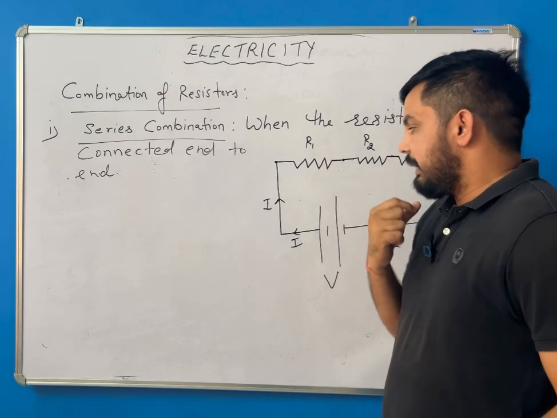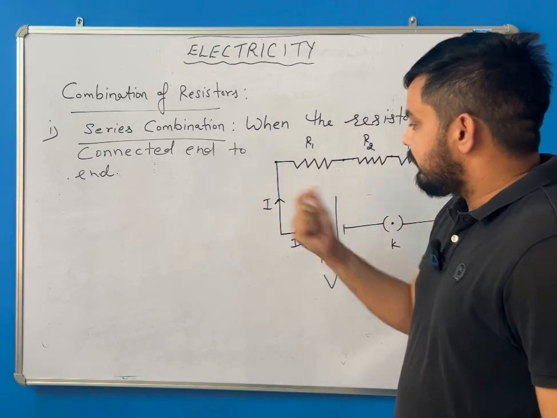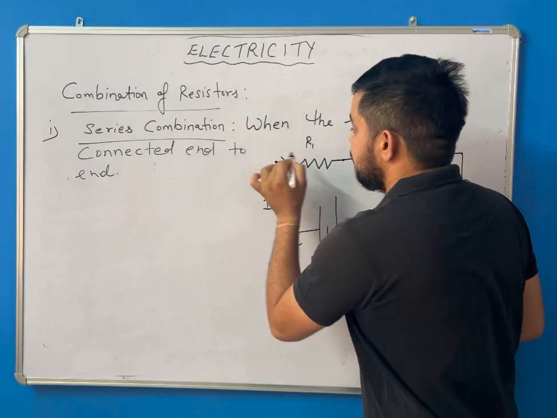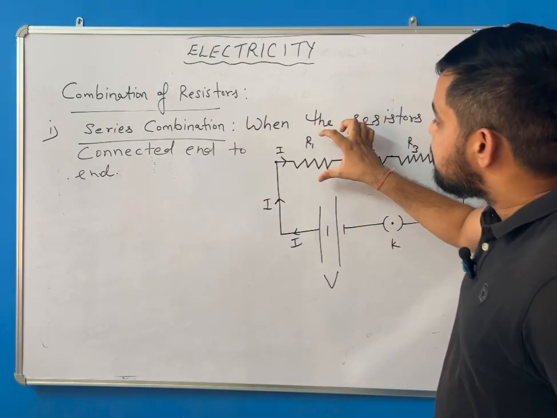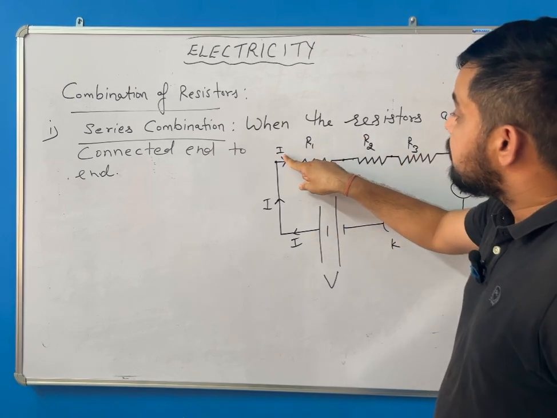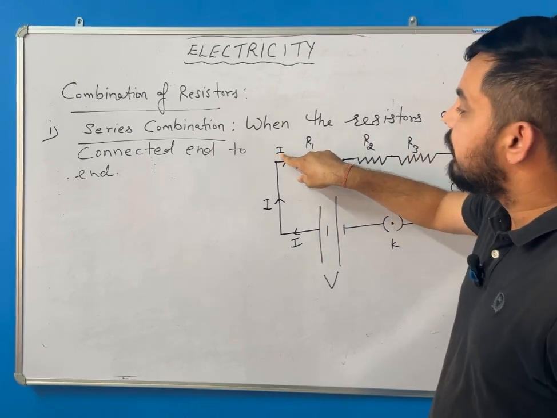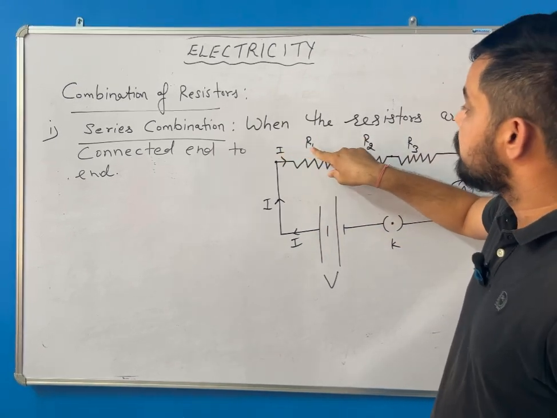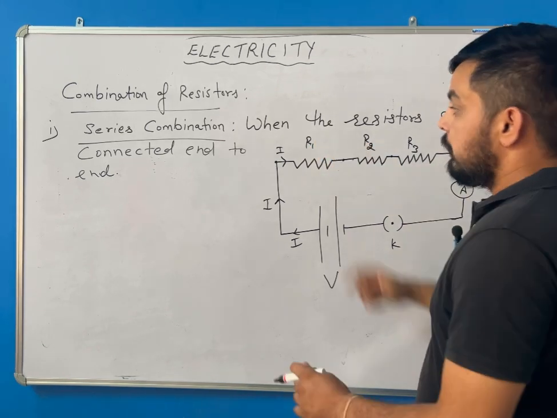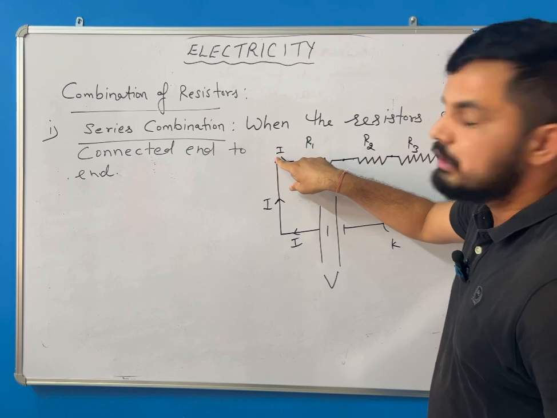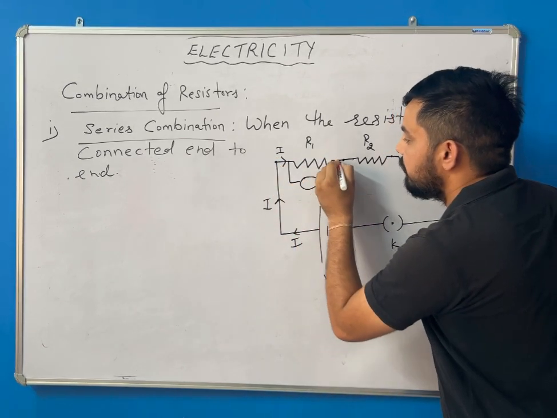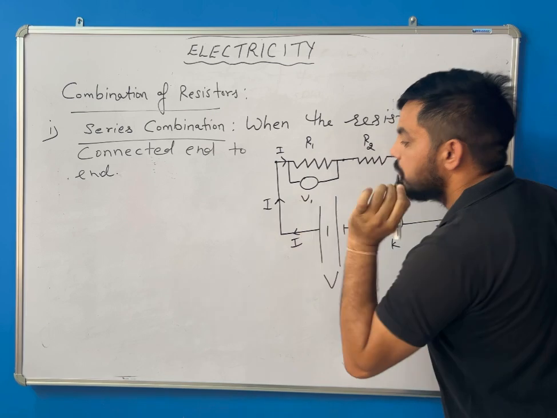Now when the electric current I passes through the resistor R1, it is opposed. This electric current will be opposed by this resistor. Due to the opposition of this current, there will be a change in potential difference.